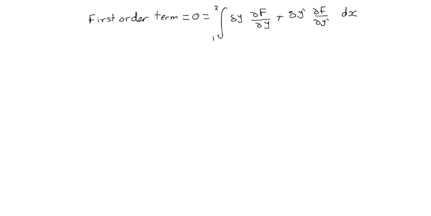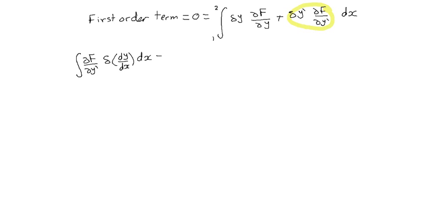Excuse me now. Let us focus on the second term, and let us rewrite it here. The second term is equal to partial f by partial y prime, and variation of y prime, which is variation of dy by dx. The variation itself can be regarded as an operator.